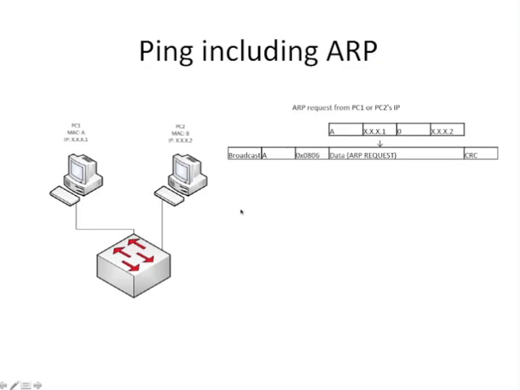So here's the same ping we were talking about, but this time we're going to look at the ARP traffic that's necessary to make it happen. So here we have a ping from PC1 to PC2. The first thing that happens is PC1 sends an ARP request out that says, hey, I'm looking for x.x.x.2.